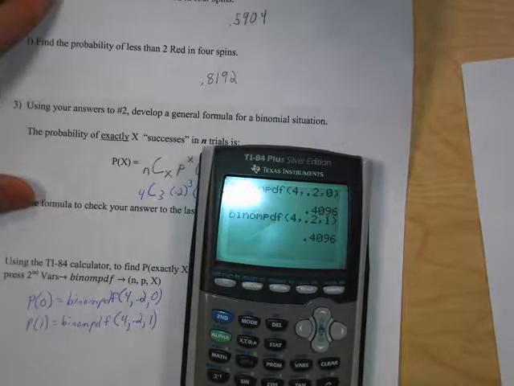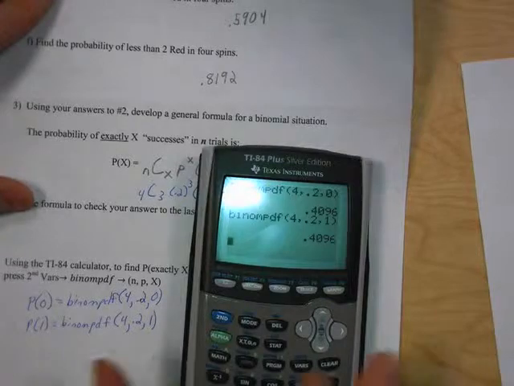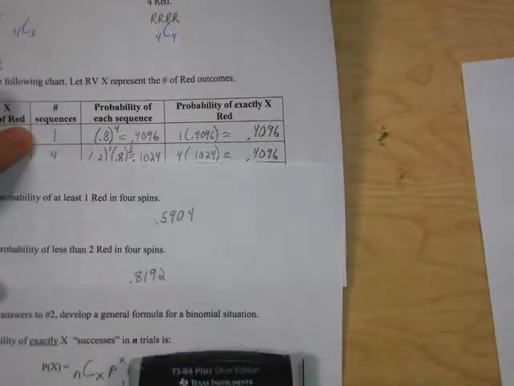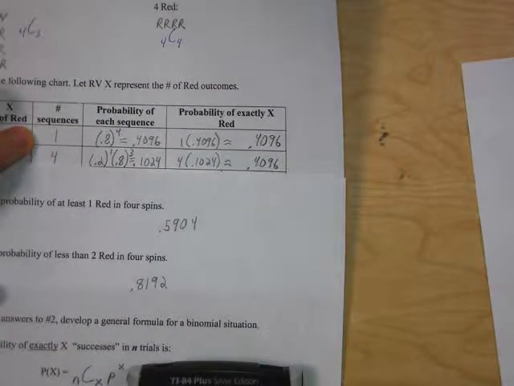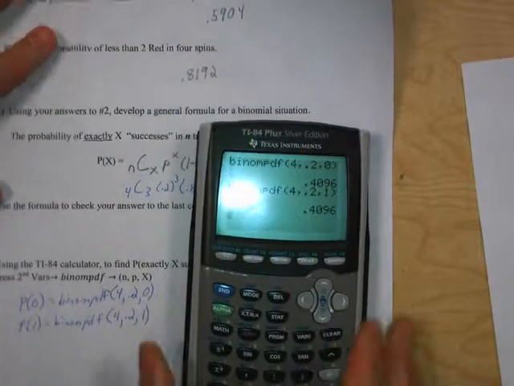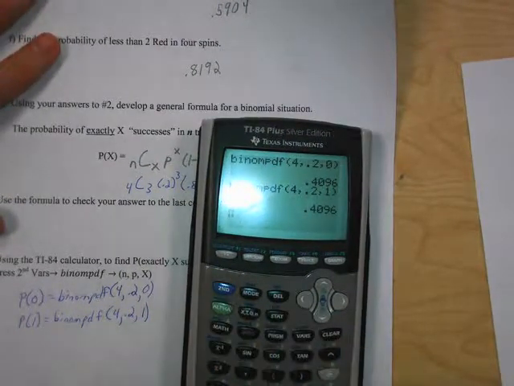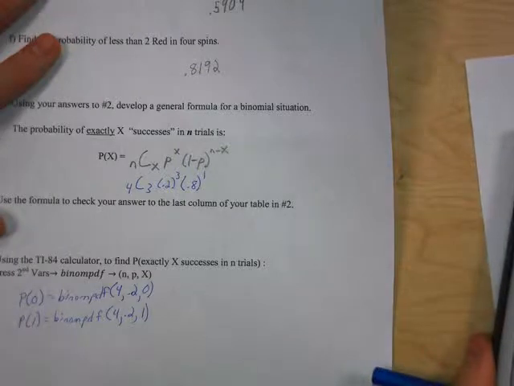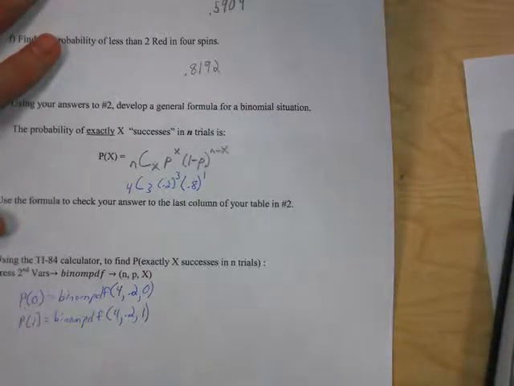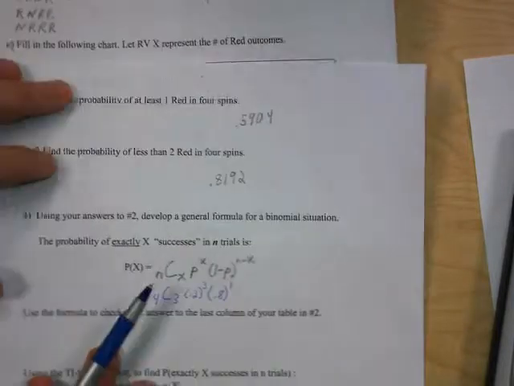And that was 0.4096, which is the second row in the table up here. And you could do that for each of these, but I'm not going to waste the time and do that anymore. So that is where the binomial formula comes from.